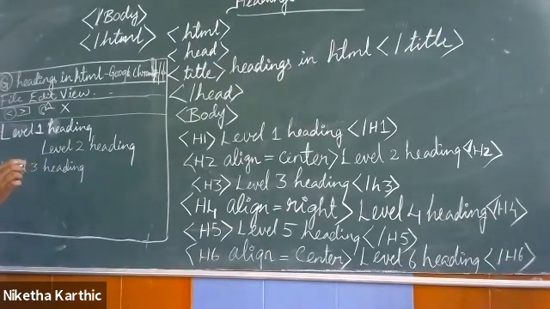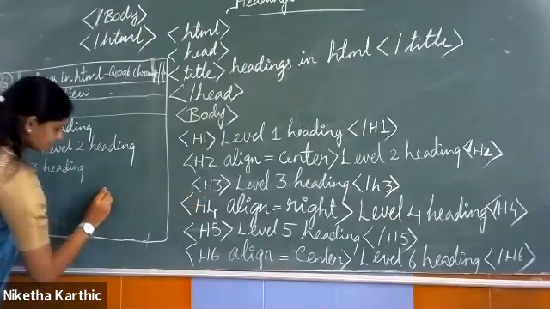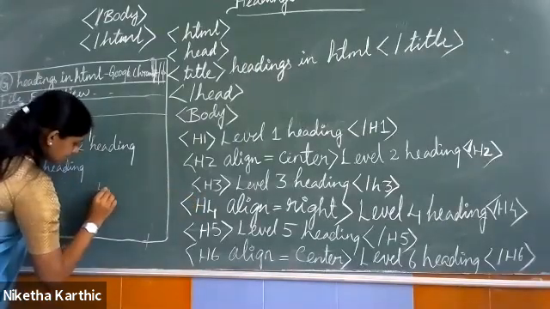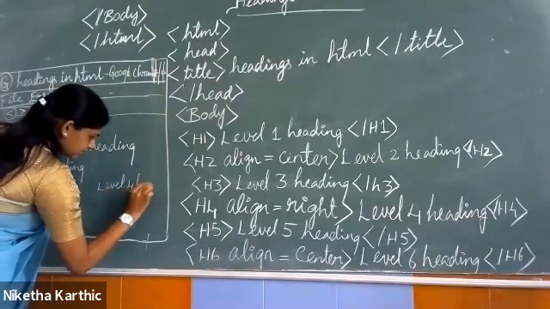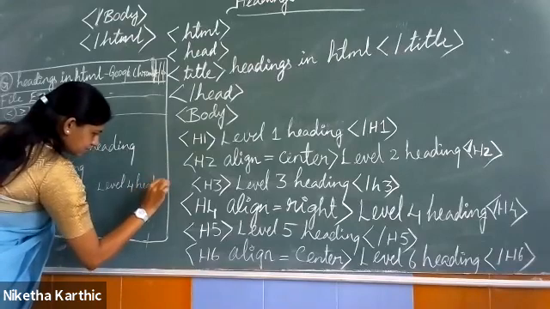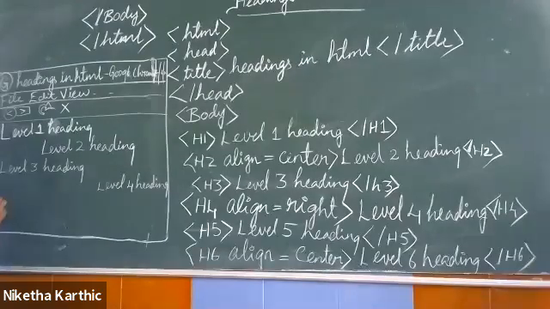Then level 4, you asked for it on the right side, so that will be here. Level 5, you didn't tell anything, so that will be here.